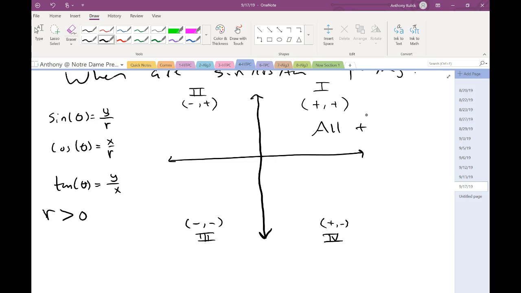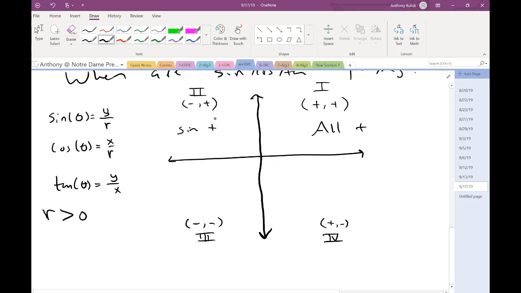In the second quadrant, if I look at sine, which is y over r, that's positive over positive. Cosine is x over r, so I have negative over positive. And tangent, y over x, is going to be positive over negative. So both cosine and tangent are negative. I'm just going to write down the positive things in my chart here, because obviously if it's not positive there, it's negative there.